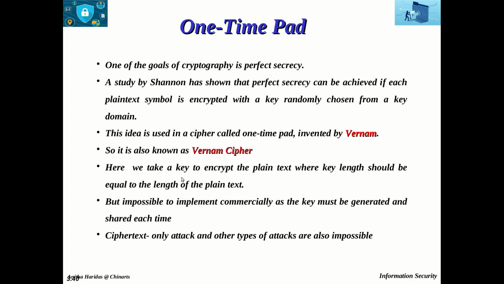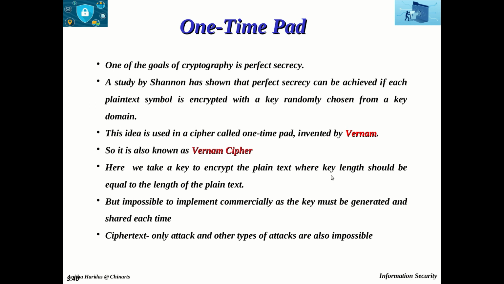Here we take a key to encrypt the plain text where the key length should be equal to the length of the plain text. Please make a note of it. If the plain text has 10 characters, then I am going to have a key which also has a length of 10 characters.